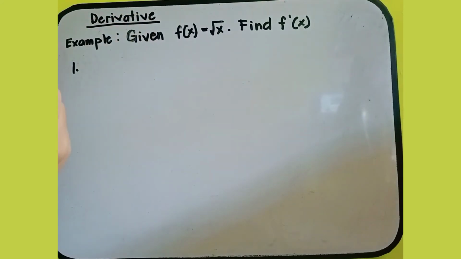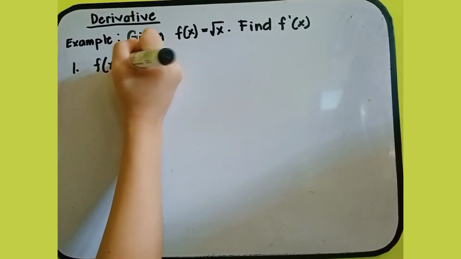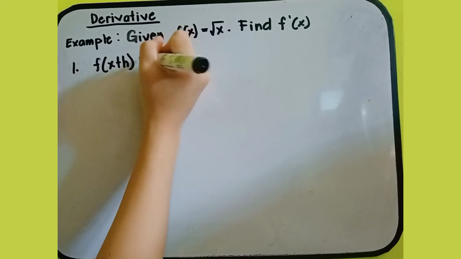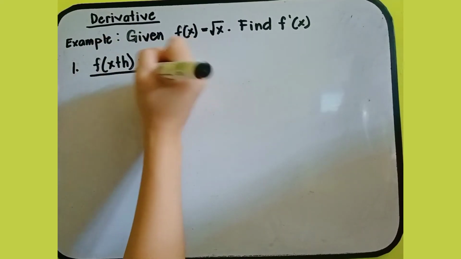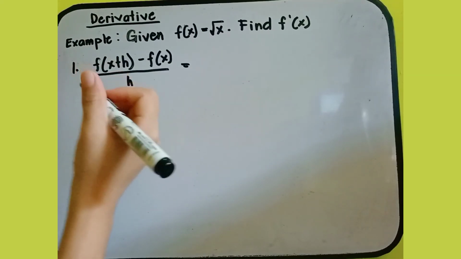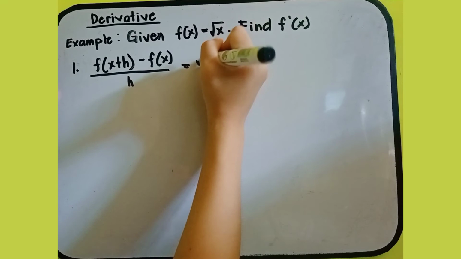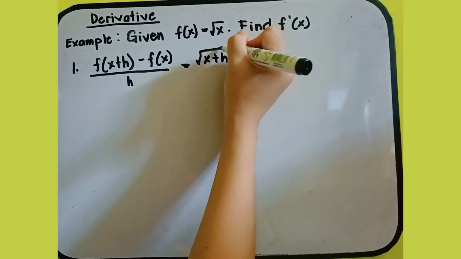The difference quotient of this function is f of x plus h minus f of x over h, which is equal to the square root of x plus h.